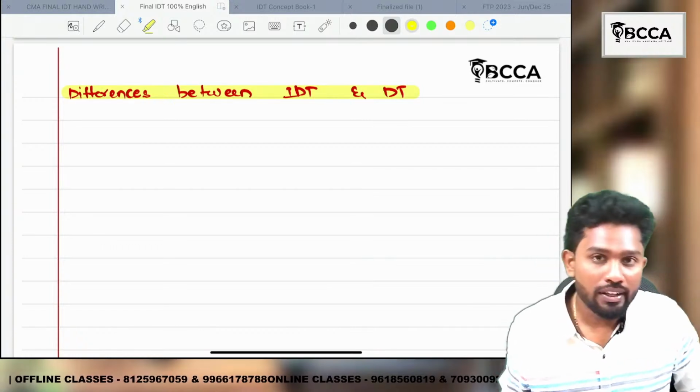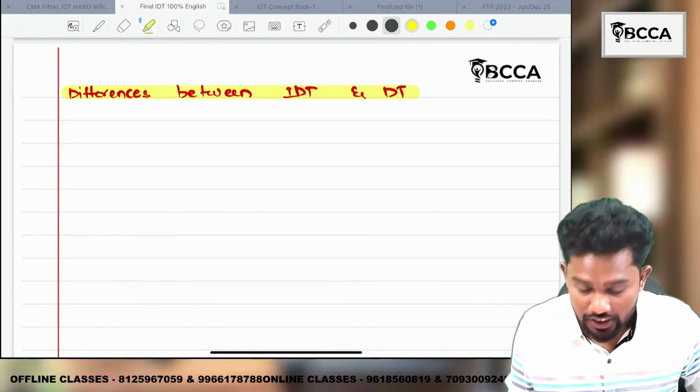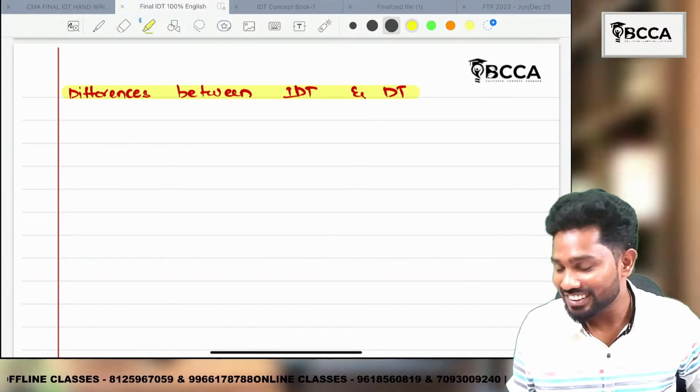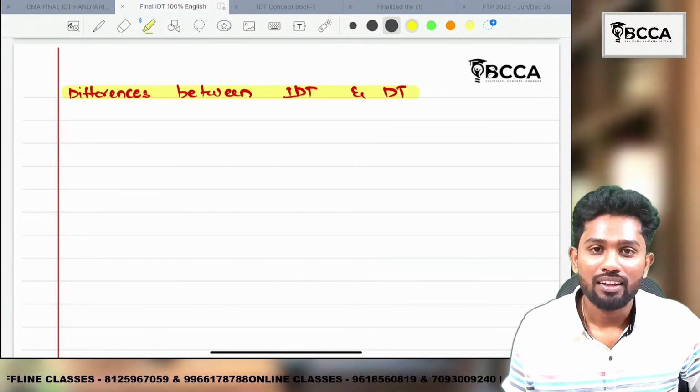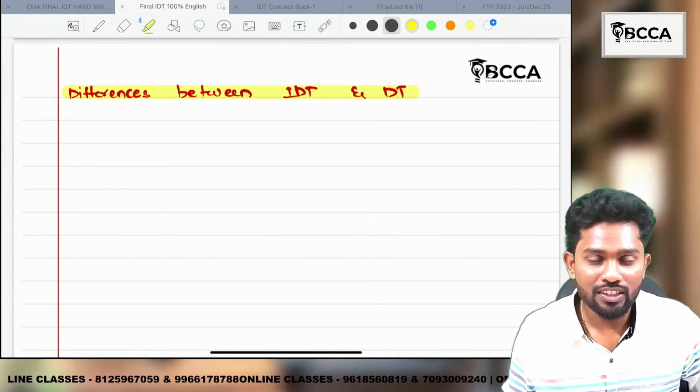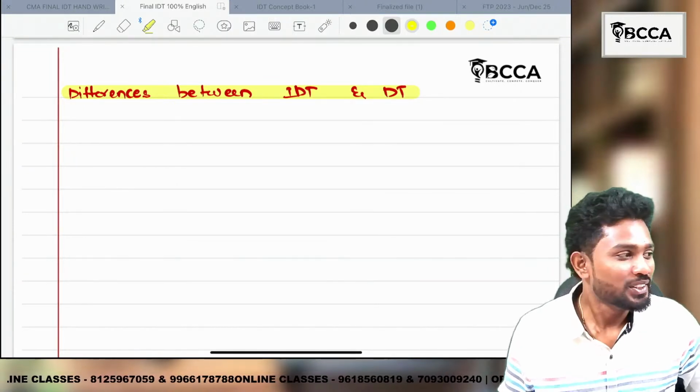So don't write down that indirect taxes is taught by me, MDK, whereas direct tax is taught by BM Bhaskar Magam sir. Anyway, that is also a difference, but you cannot write that now.